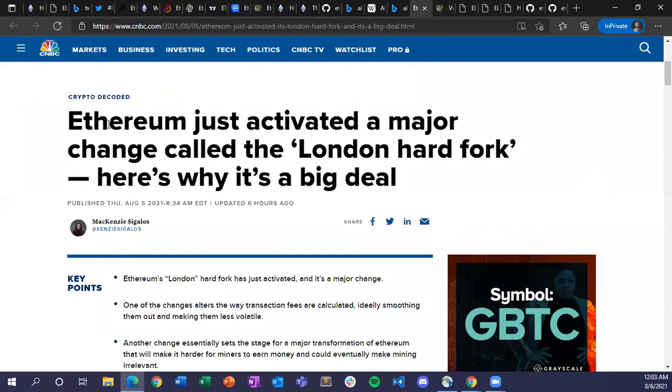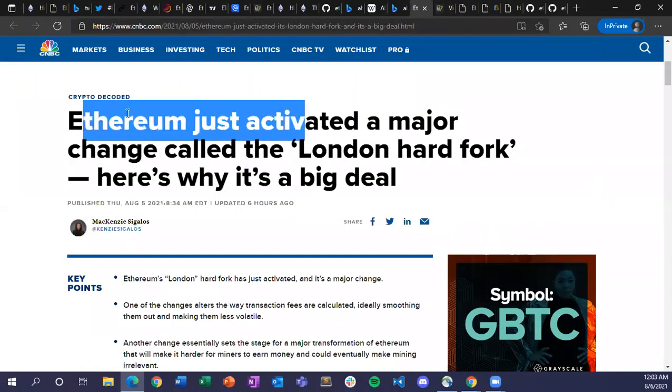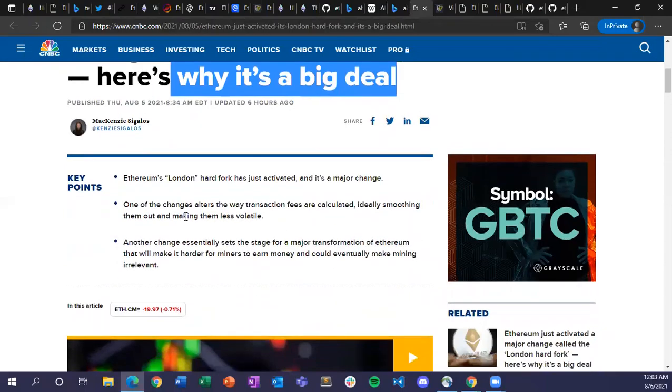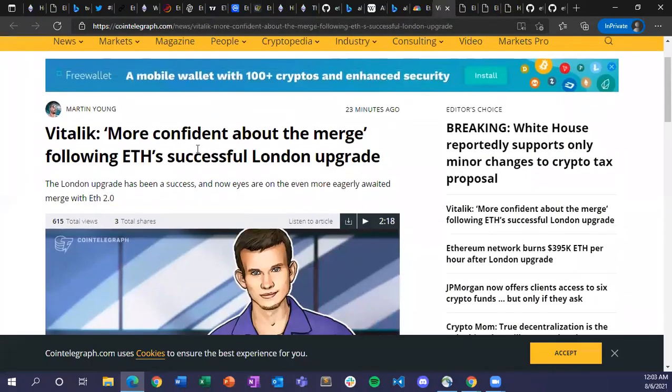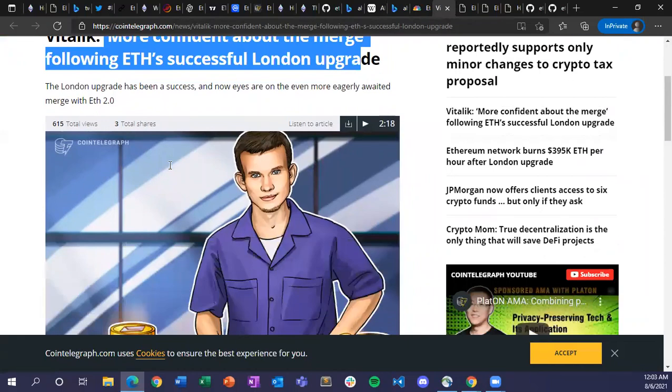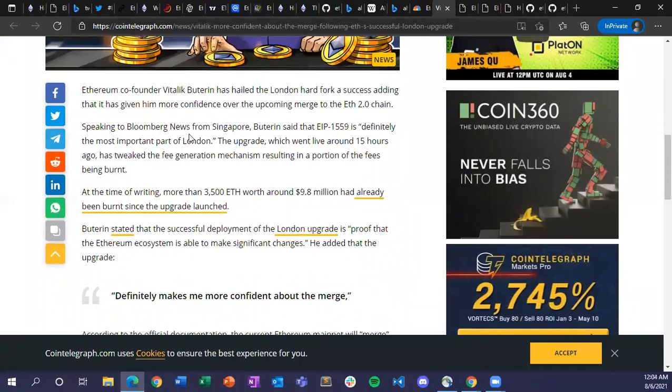And yeah, just very quickly, Ethereum was also mentioned on CNBC, calling it "Here's why it's a big deal." You can read through it again, but it's the same sort of highlights. And the founder of Ethereum, Vitalik Buterin, says he is more confident about the merge following the London upgrade.